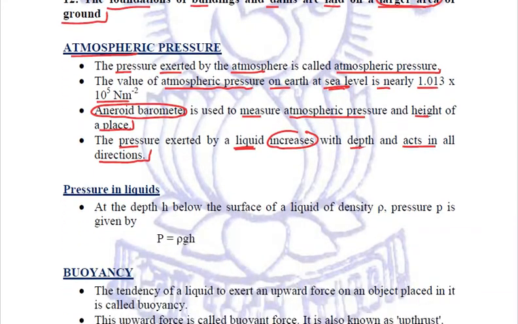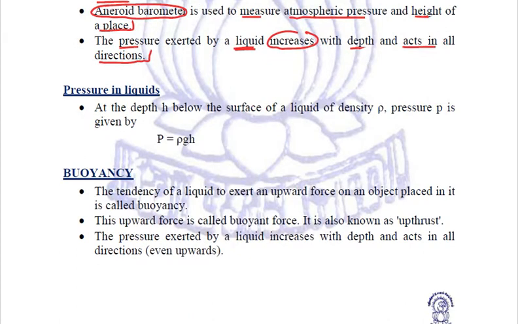Let's talk about pressure in liquids. If we try to relate the pressure in a liquid at a depth h below the surface of a liquid of density rho, then pressure P is given by the formula P = ρgh, where P is the pressure exerted by the liquid, ρ is the density of the liquid, g is the acceleration due to gravity, whose value we know is 9.8 meter per second square, and h is the height or the depth below the surface of the liquid.